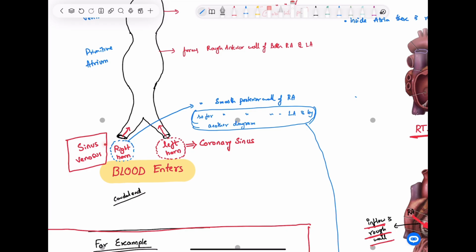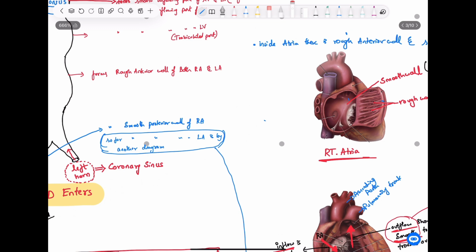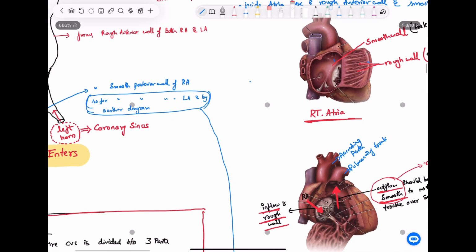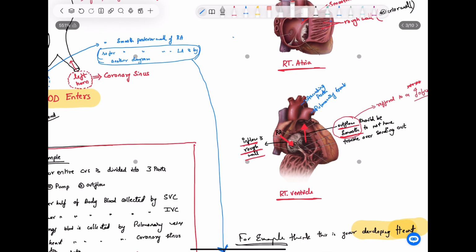From the right horn of the sinus venosus, the smooth posterior wall of the right atrium is formed. So we got all the smooth and rough walls except the smooth posterior wall of the left atrium. We didn't get the smooth posterior wall of the left atrium. We will see this further, like here.